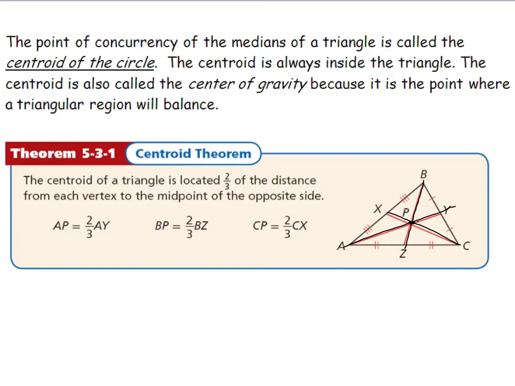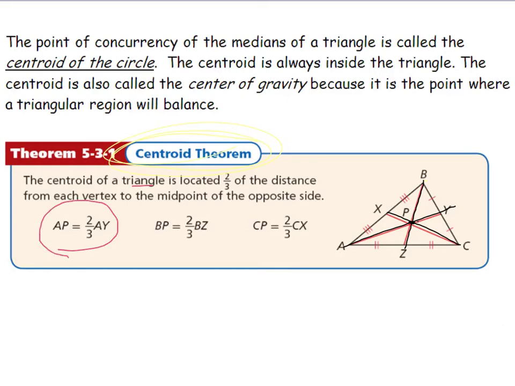That's called the centroid. Now, what would it be if we didn't have any theorems, right? The centroid theorem says the centroid of a triangle is located 2/3 the distance from each vertex to the midpoint of the opposite side. So let's see what that says. This first one kind of gives you an example.